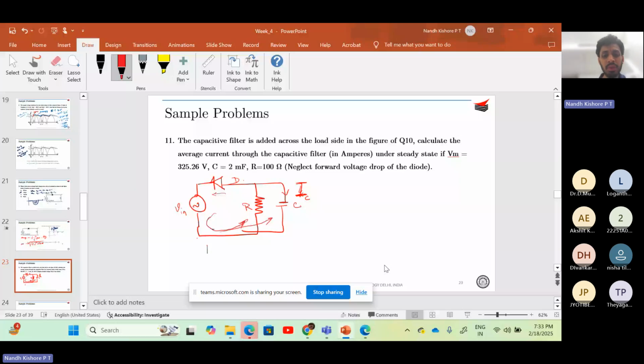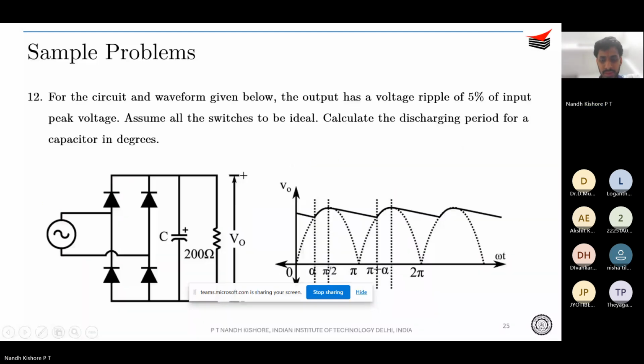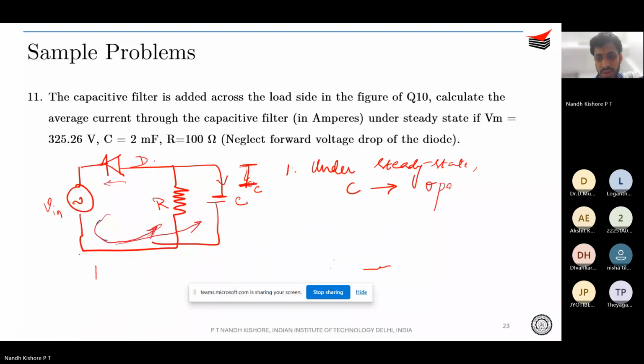So one intuition is, under steady state, the capacitor acts as an open circuit, and an inductor, if it is given, acts as a short circuit. So if the capacitor is open under steady state, your current is obviously going to be 0, right?